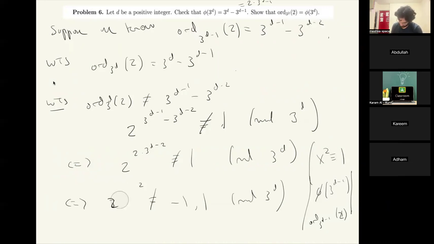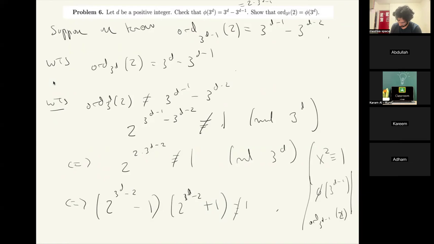Okay, let's write it like this. So you're saying, let's factor it. You're saying we have 2 to the 3 to the d minus 2 minus 1 times 2 to the 3 to the d minus 2 plus 1 is not congruent to 0.